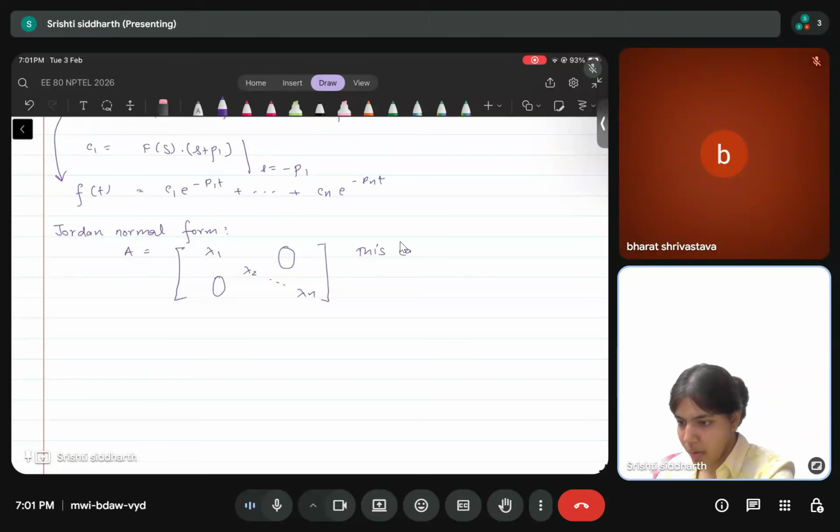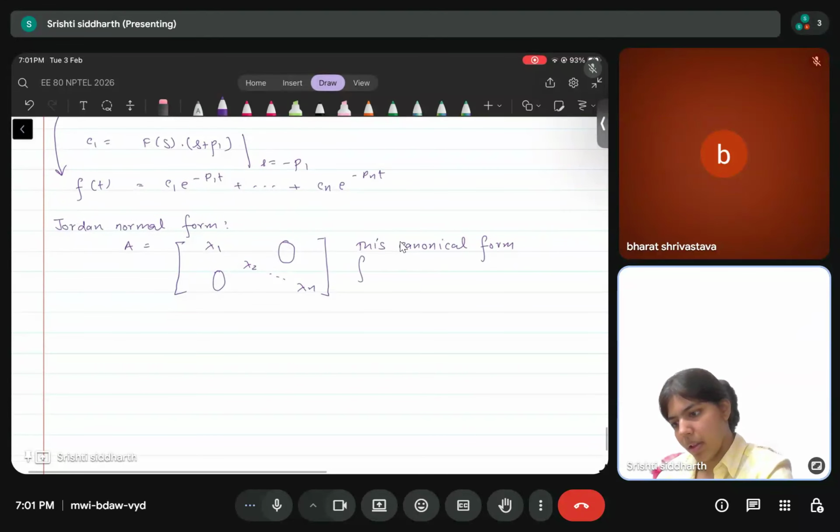So this canonical form follows directly from the partial fraction expansion of the transfer function.